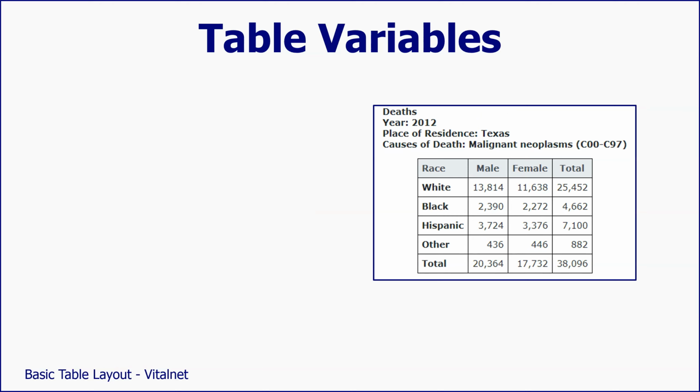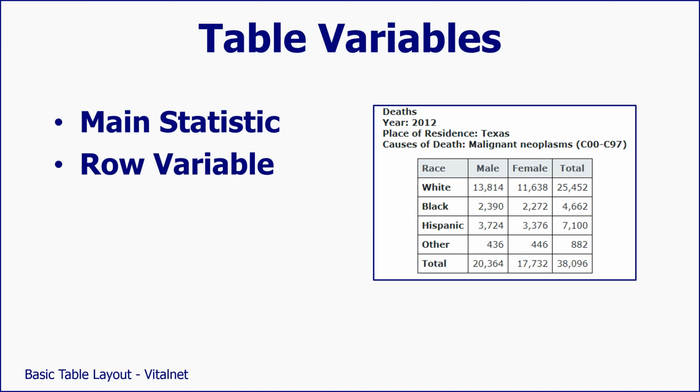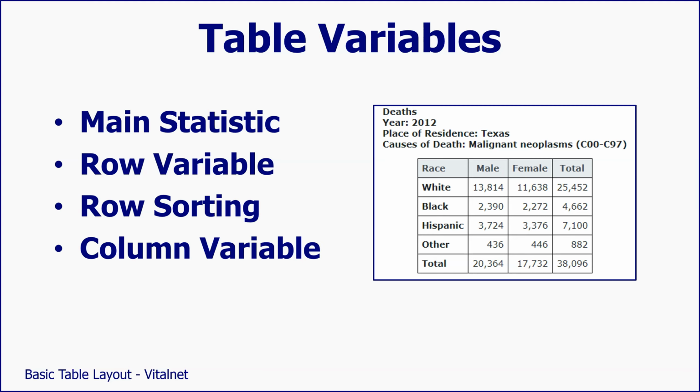Each part of the basic table layout is called a table variable. Main statistic such as deaths, row variable such as race rows, row sorting, and column variable such as sex columns.